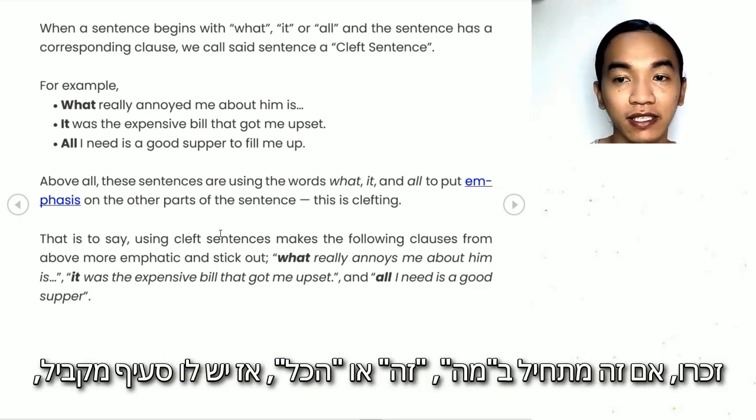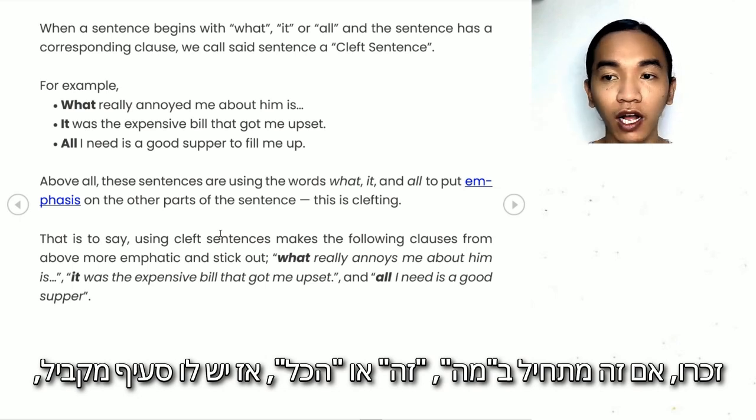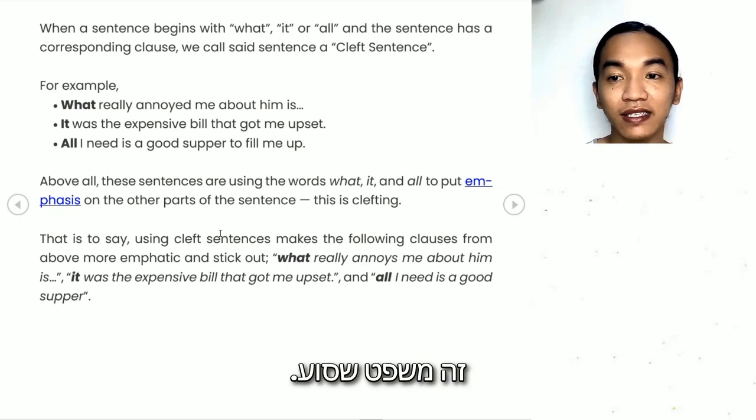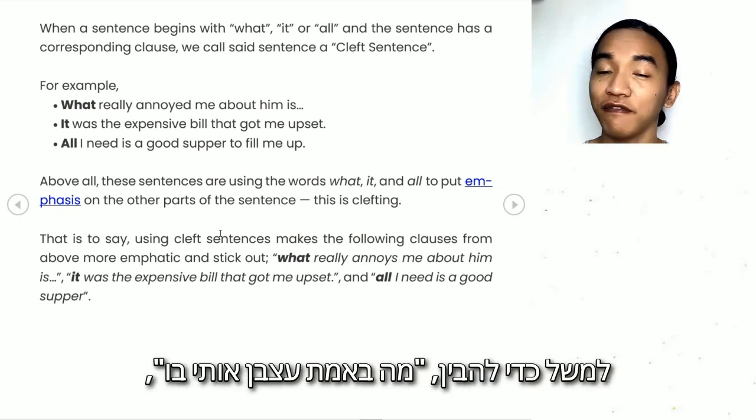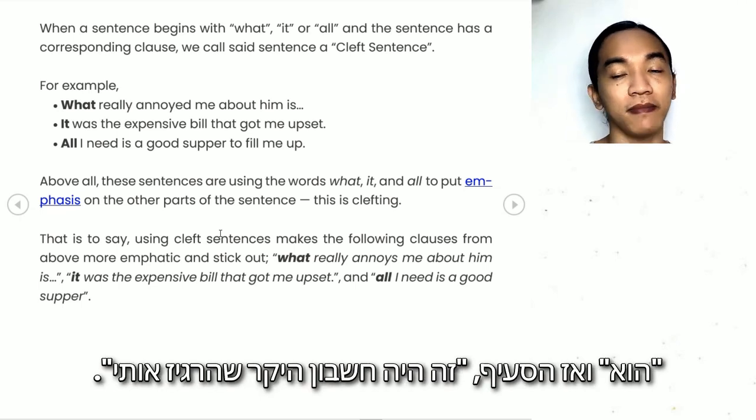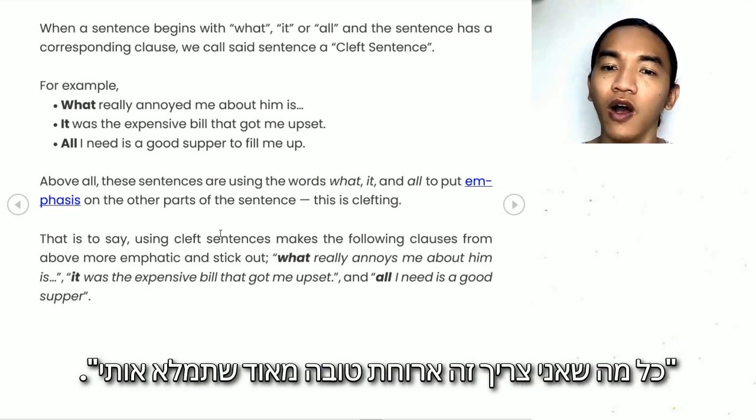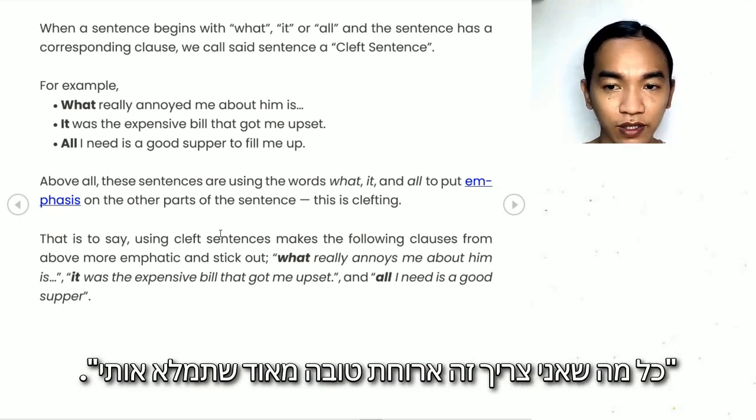Remember, if it starts with what, it, or all, then it has a corresponding clause. This is a cleft sentence. For example, what really annoyed me about him is, and then the clause. It was the expensive bill that got me upset. All I need is a good supper to fill me up.